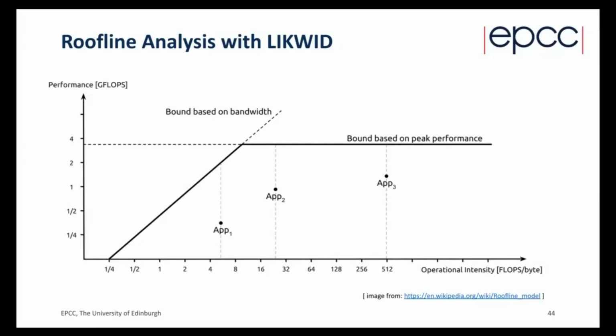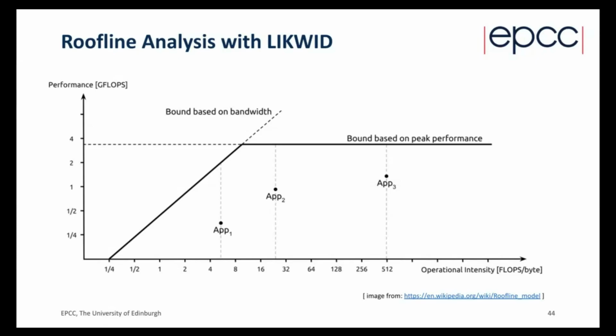But the idea is that through two measurements, we define this limit: the slanted roofline and the horizontal roofline. For our applications, we can then again use LIKWID to measure application characteristics like flops and bytes. Then we can place our loops or applications, in this case we call them app 1, 2, 3, onto the roofline plot. What it gives us is a quick way to see: is our application memory bound or compute bound?